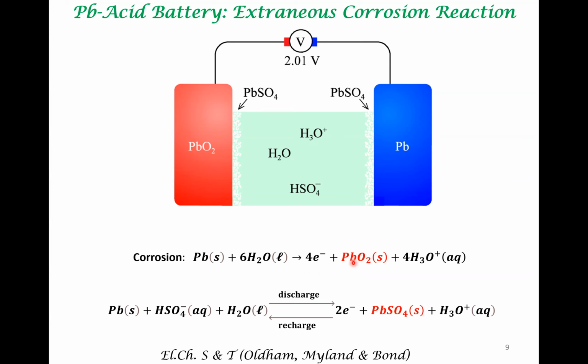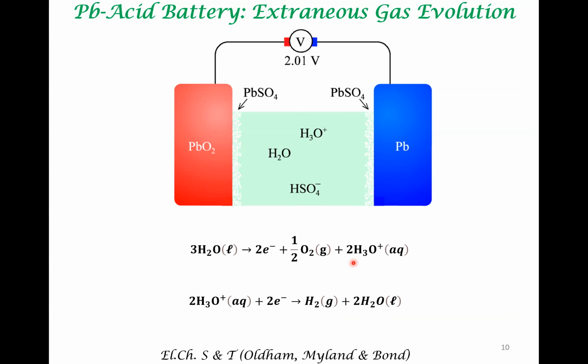So corrosion is one such extraneous reaction which has to be suppressed. There are other extraneous reactions, meaning unwanted reactions, and one of the main extraneous reactions is the gas evolution reaction. Note the potential of operation is more than 1.23.